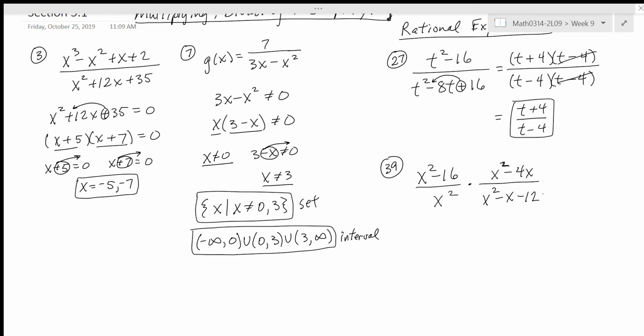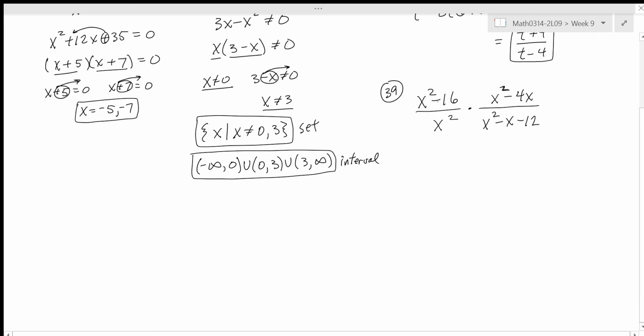And the instructions say multiply and simplify. But I want you to know for multiplication, my two words are still the same, okay? Even with multiplication of fractions, you're still going to do what? Factor and cancel. It's just we have more to factor now, okay? More fun for us.